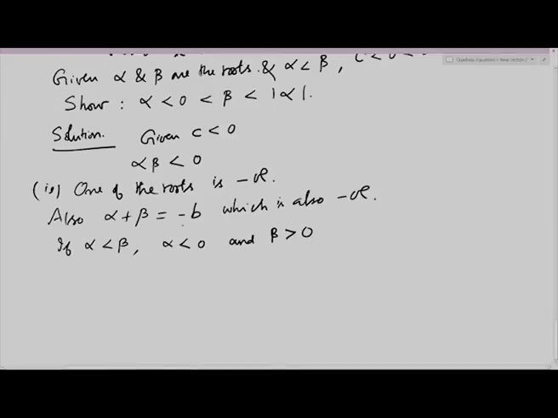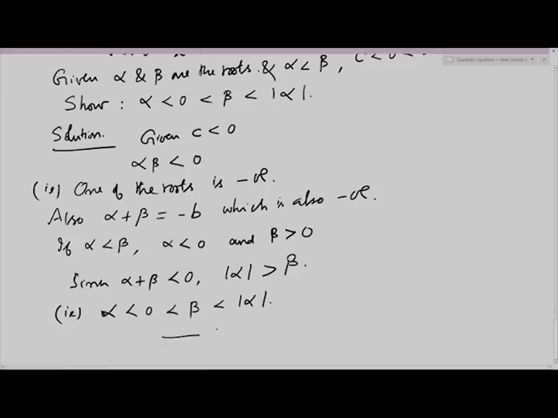And since alpha plus beta is also negative, automatically mod alpha should be greater than beta. Now, we have shown that alpha is less than 0, which is less than beta, and beta is less than mod alpha.